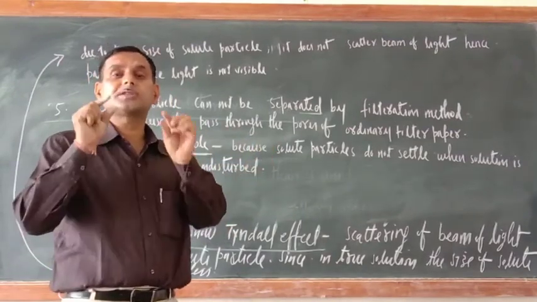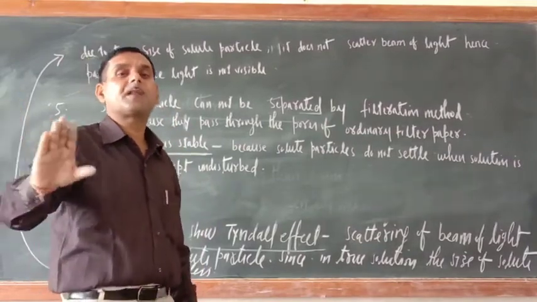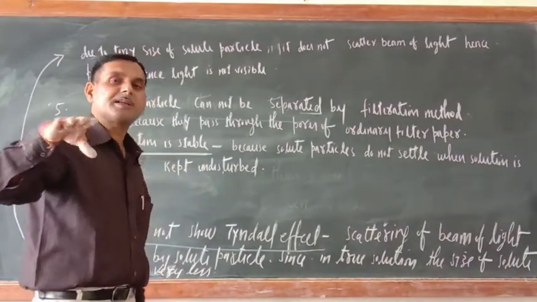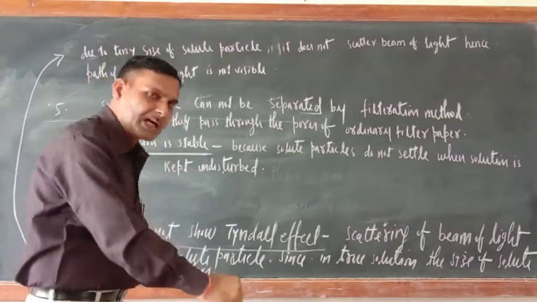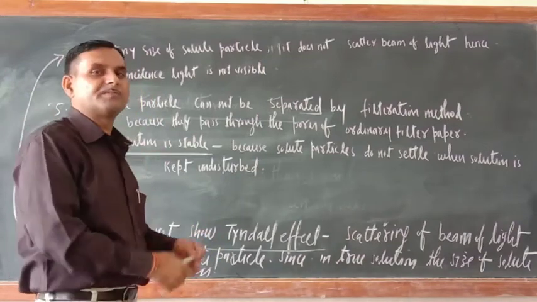Since in true solution solute particle is very tiny, they cannot scatter the beam of light. That is why the path of incidence ray, incidence ray means the ray which is falling on the solution, their path will not be visible.